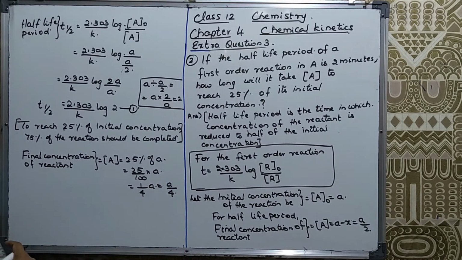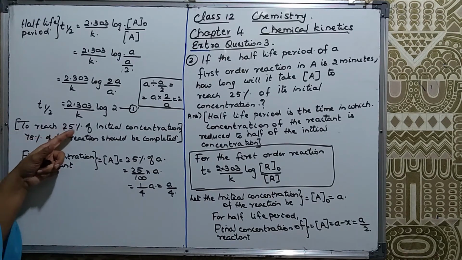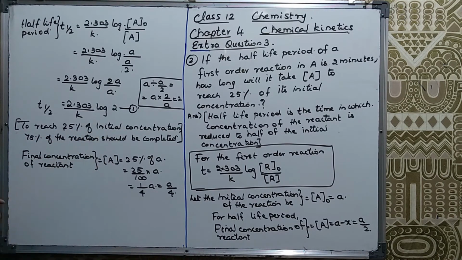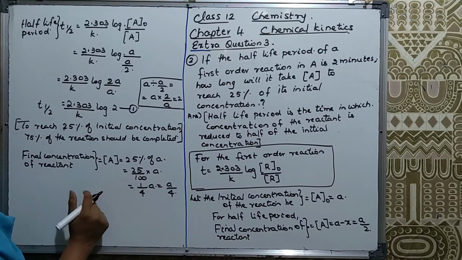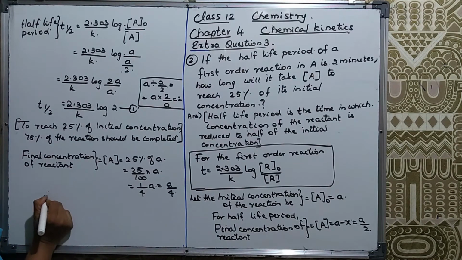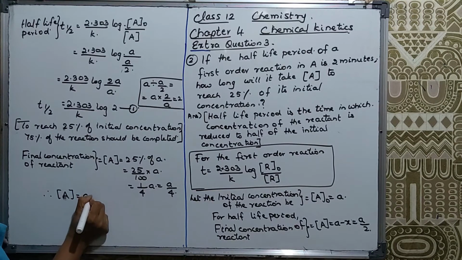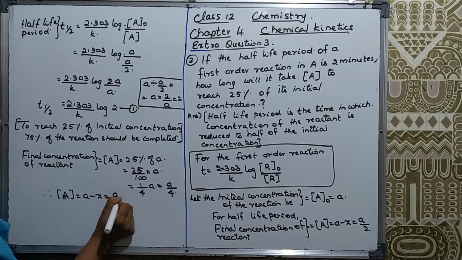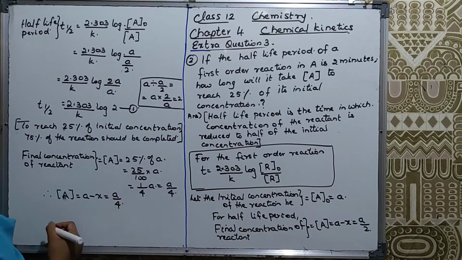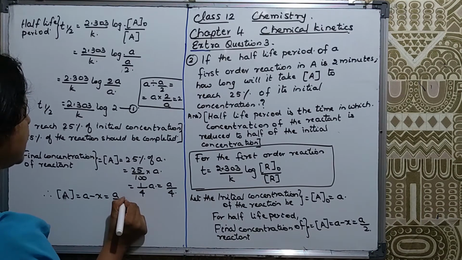That is the final concentration in the second case, to reach 25% of the initial concentration. That can also be written as A minus X. So the final concentration of A, equal to A minus X, is equal to A by 4. I'll keep it as equation number 2.